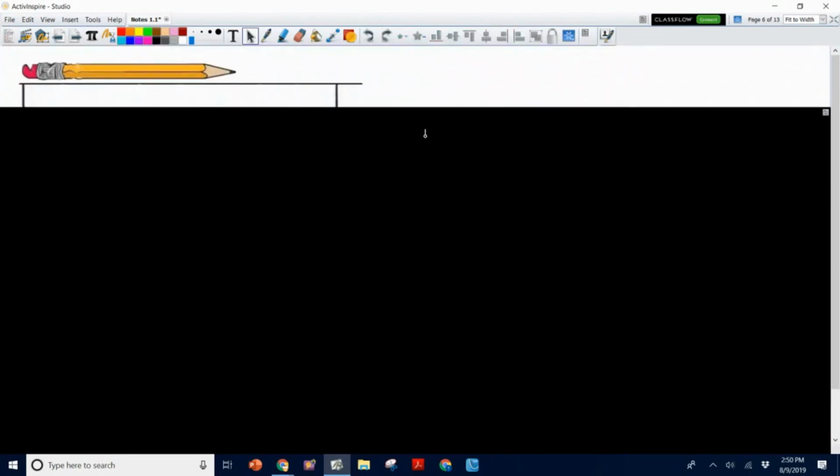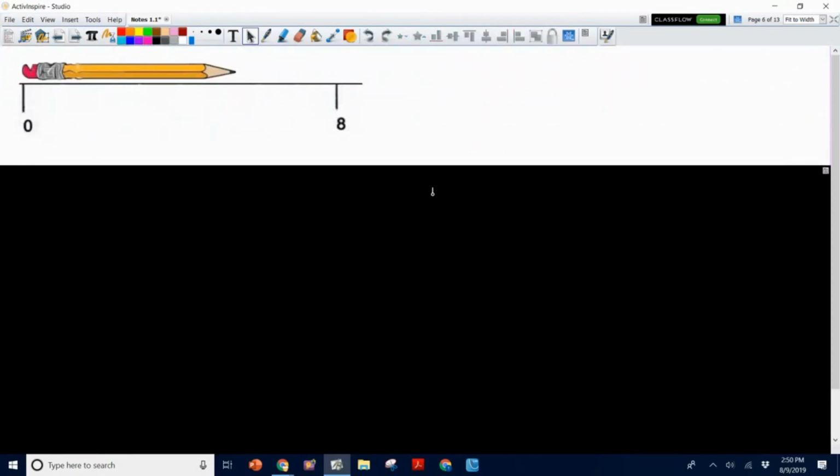All right, so let's take measurements for this pencil. So what is going to be your certain digit? Well, your certain digit is a 0. That's what we know for certain because there's no marks between the 0 and the 8. So we're going to have to estimate somewhere between the 0 and the 8. So look at where the halfway mark would be. Is it past the halfway mark?